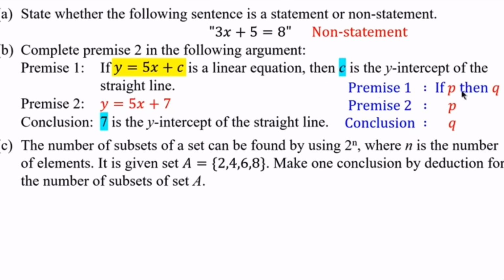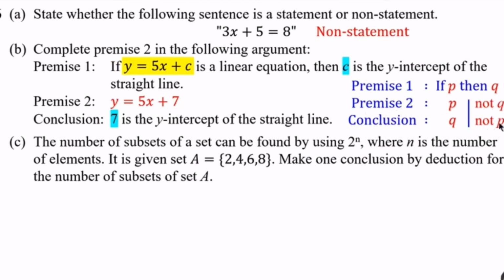So we will just write y equal to 5x plus 7 because in the conclusion they give you the 7, which is the y-intercept of the straight line. That means the c is 7. So you need to substitute c equal to 7 and write under premise 2. Then we have another type: if P then Q, not Q, not P.